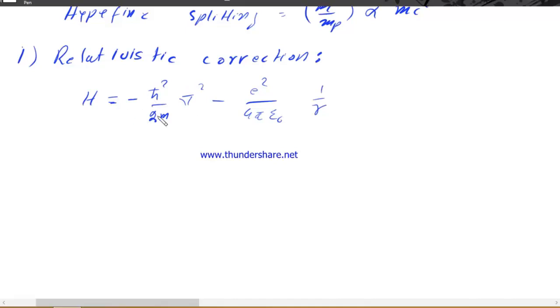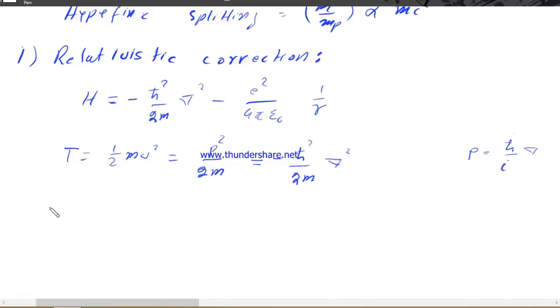This first term is the kinetic energy, and usually the kinetic energy is equal to p² divided by 2m, where p is approximately equal to ħ divided by i times del. Then minus ħ² divided by 2m ∇² is the kinetic energy in the Hamiltonian.